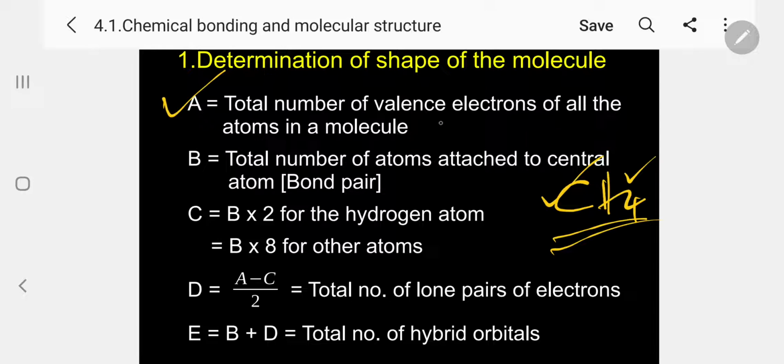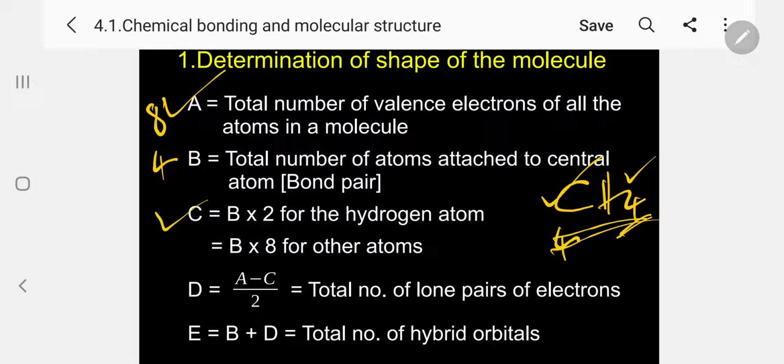A means the total number of valence electrons of all the atoms in the molecule. Carbon 2s2 2p2 is 4, hydrogen 1, 4 into 1 is 4, that is 8. So A equals 8. Then B, the total number of atoms attached to the central atom, that is 4.